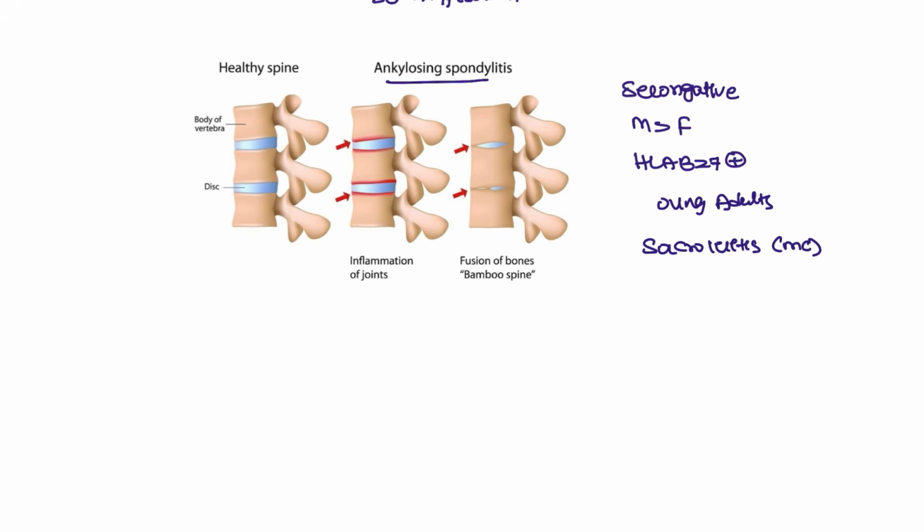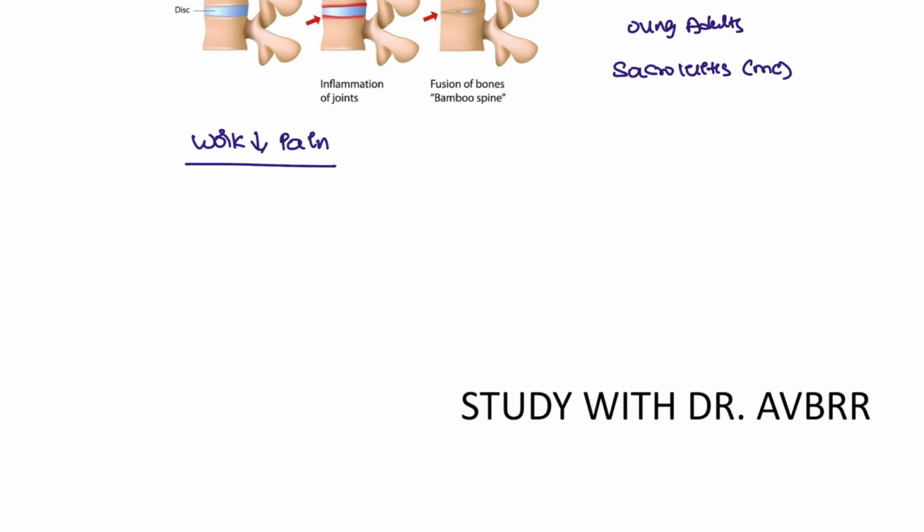One thing, in these patients pain will be decreased by work, the same feature that you see in rheumatoid arthritis also, right? And in these patients there is pain plus extra features, like extra-articular features. What are those extra-articular features? Most commonly, the patient will be associated with uveitis.